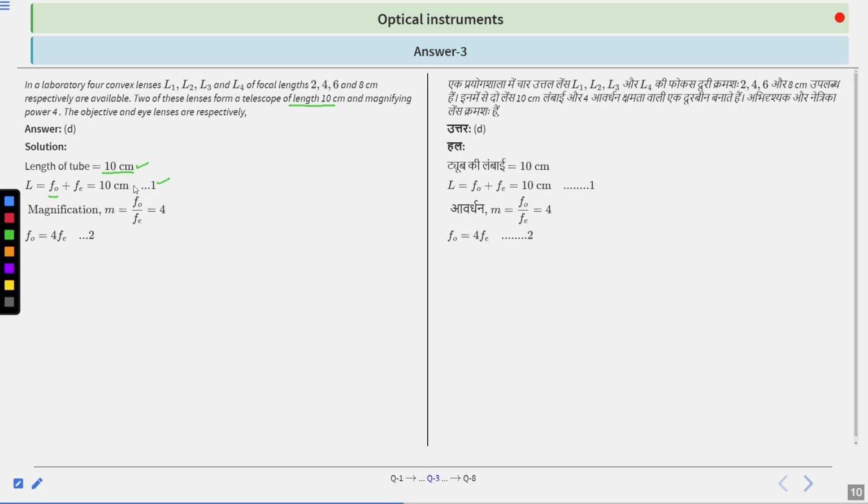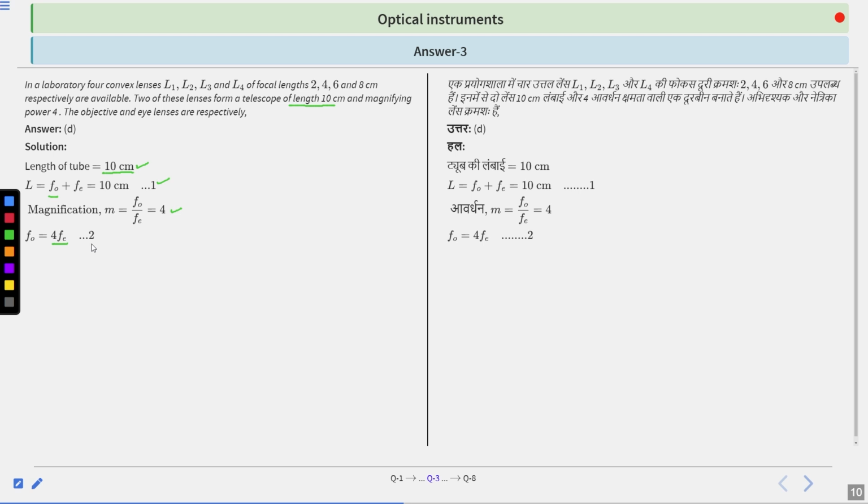The magnifying power is also given in this question. The magnifying power is represented by M, and that is equal to FO divided by FE. The given M is equal to 4, so multiplying FE by 4, we get FO equal to 4 FE.